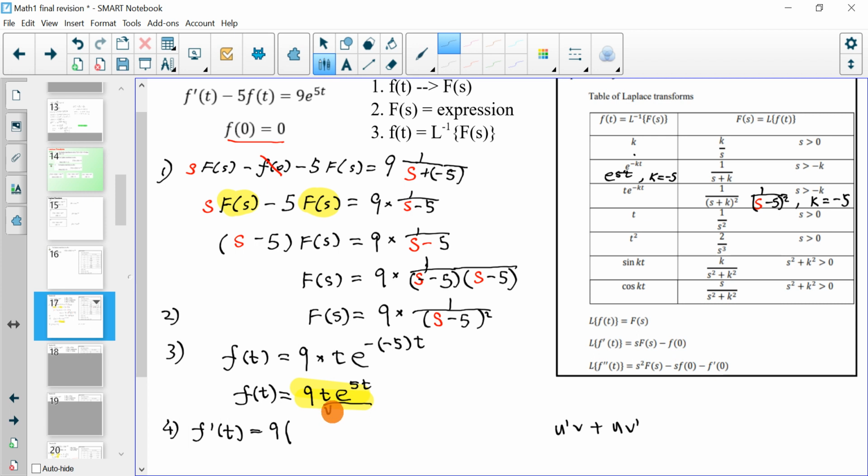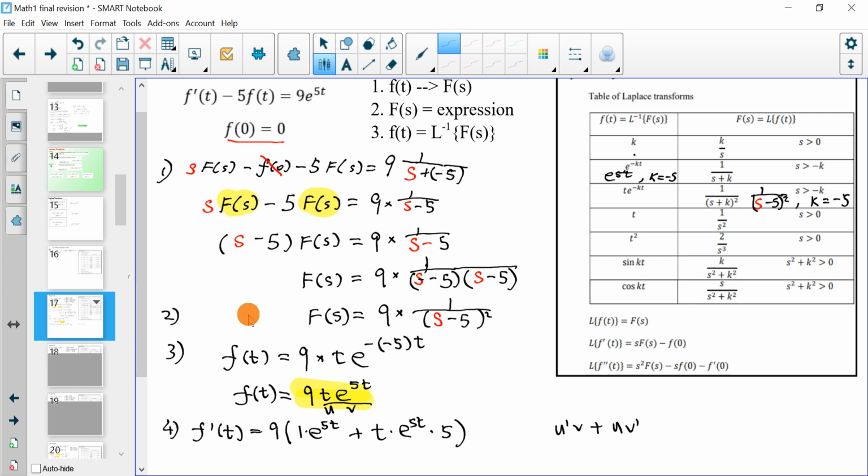If my u is t and my v is e to the 5t, my u prime is 1, times v, so e to the 5t, plus my u, which is t, times v prime. V prime is the derivative of the exponential, which gives itself, with a chain rule, so you have a coefficient of 5 in the front, so 5 there. And that's the first derivative.